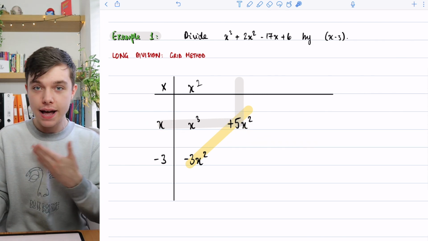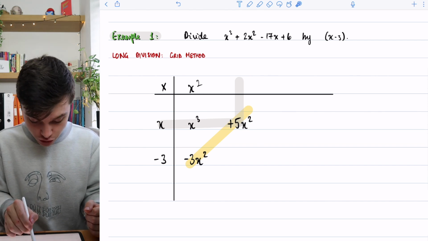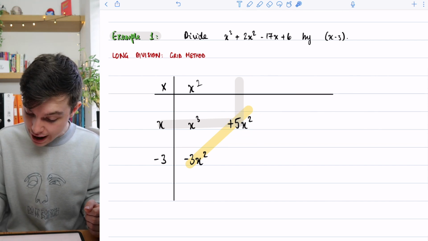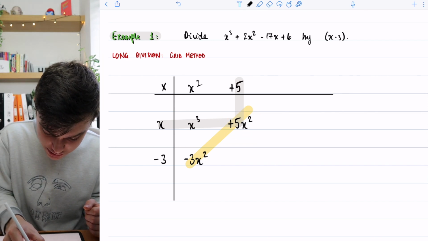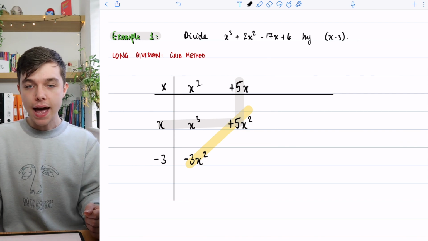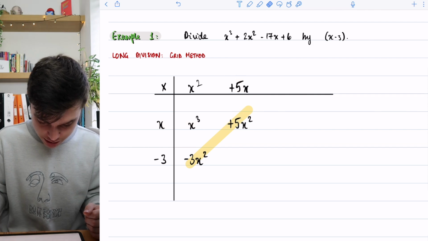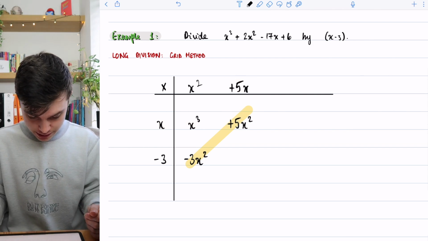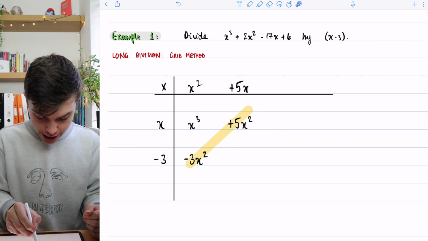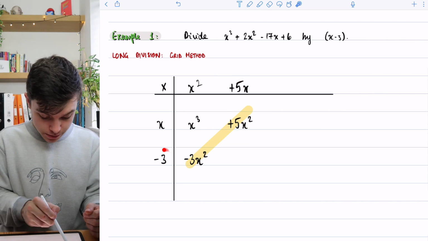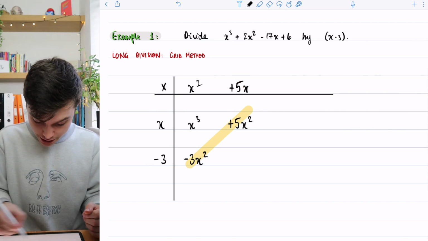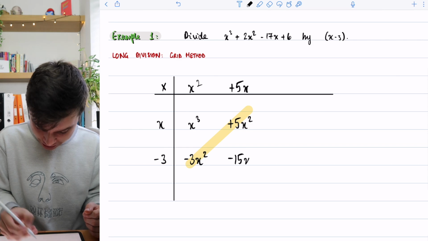Well, that's quite easy. We can just divide 5x squared by x to give me a positive 5x. Then we can do a little bit of multiplication. I'm going to get rid of that line to make it a little easier to see. So 5x multiplied by the minus 3 gives me minus 15x.